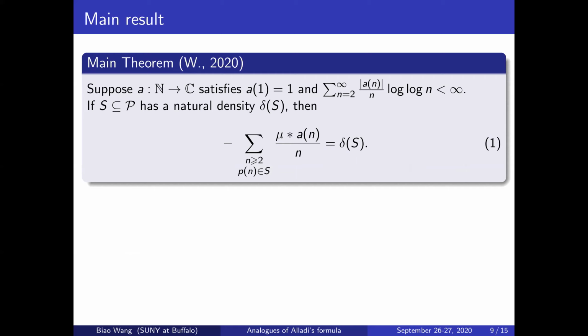So this convergence condition basically means that the Dirichlet series of A is absolutely convergent and S equals 1.